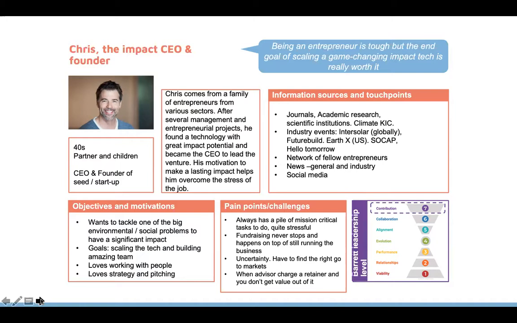The last element of the persona that we've introduced, and maybe Alessandro, you can say a word, is the Barrett leadership level, where he's really at the top in terms of contribution. Alessandro, do you want to comment on that? Yeah, very briefly, we came across Richard Barrett and the Barrett Values Centre.